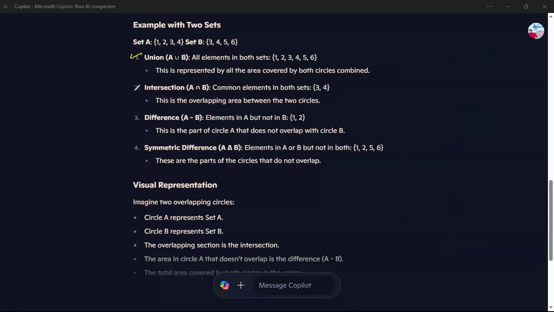So union, intersection, difference done. Let's understand the symmetric difference between two sets. You will be able to understand it very easily once the diagram is drawn.